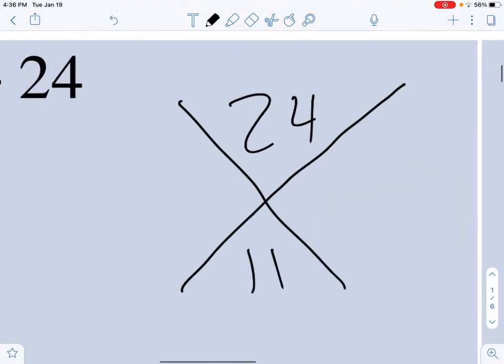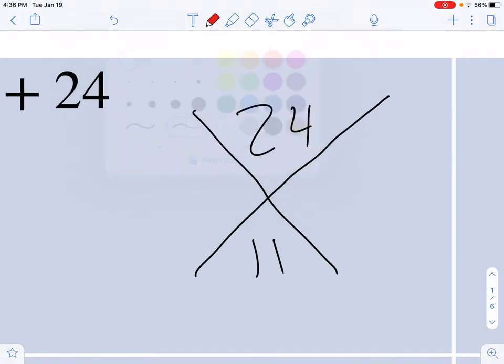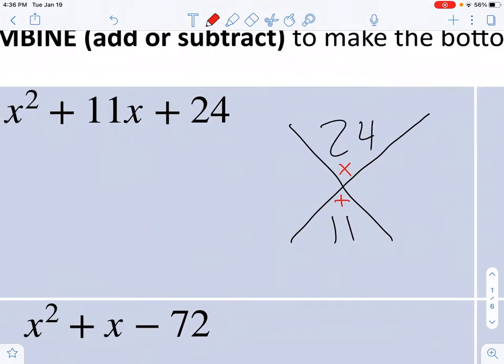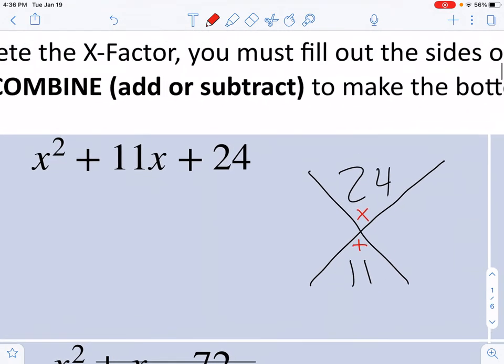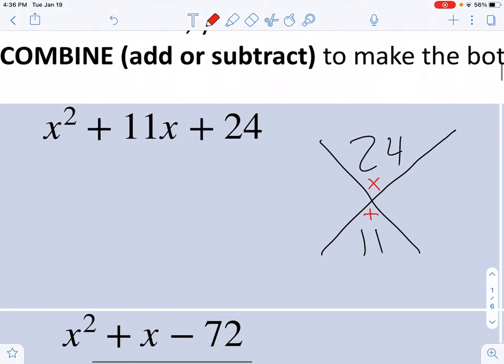And you might see this along the way. Some people like to write in a little multiplication sign here. That means the numbers are multiplied to make 24, and a little addition sign here. They added to make 11. And so that's what we're looking for. What numbers would multiply to make 24 and combine to make 11?